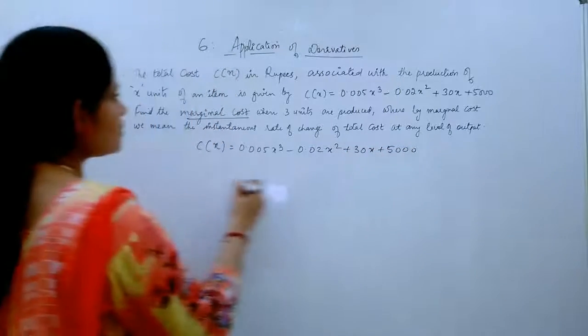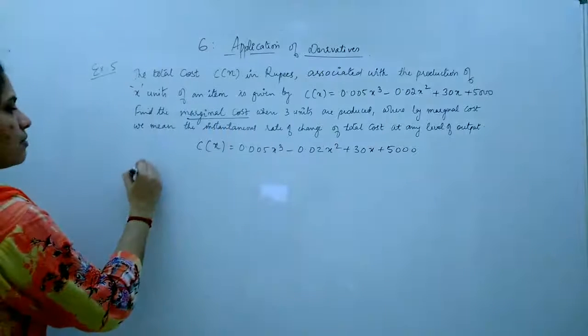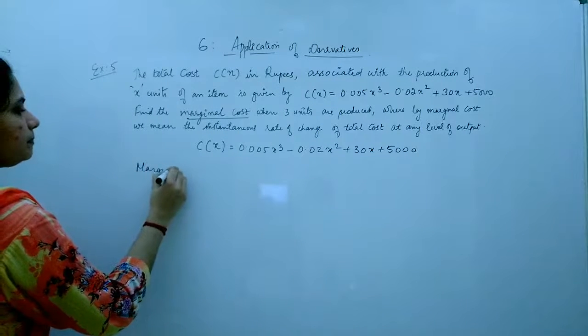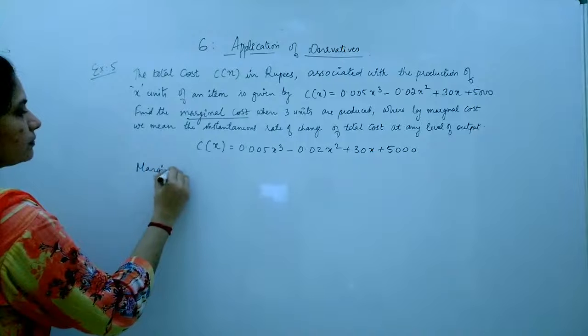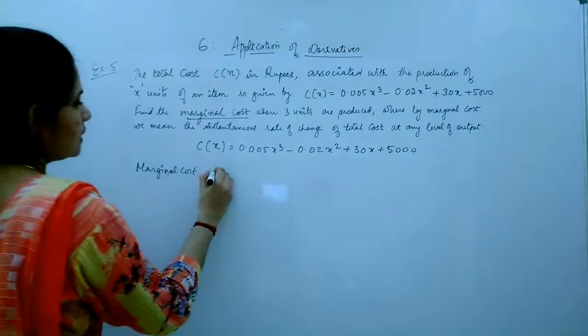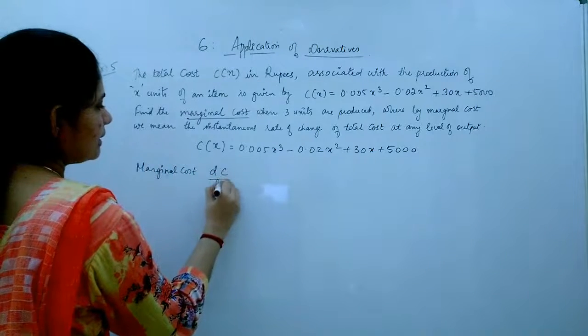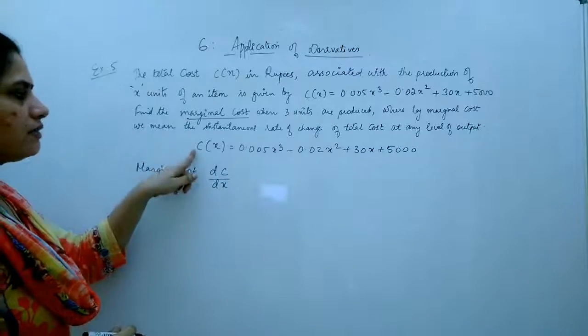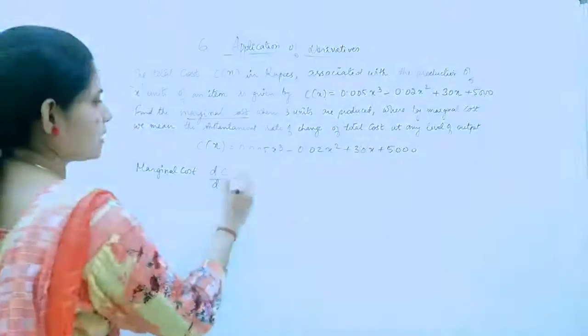So what we need to do in order to find the marginal cost is dc by dx, that is you are differentiating the cost c with respect to x.